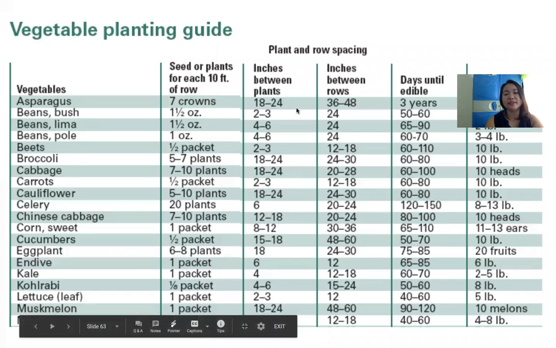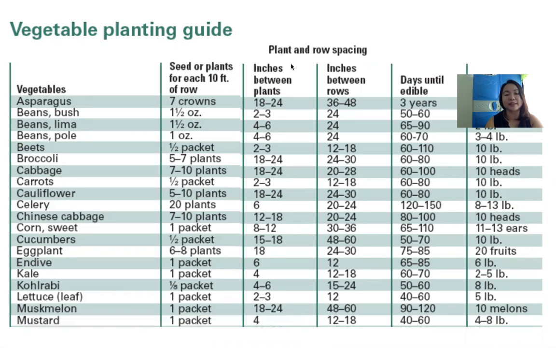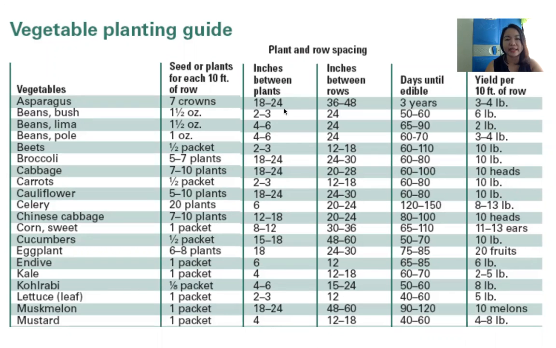The planting guide also has its own row spacing. These are mostly vegetables, but most of them have more or less the same inches between plants and between rows. For example, we have asparagus.